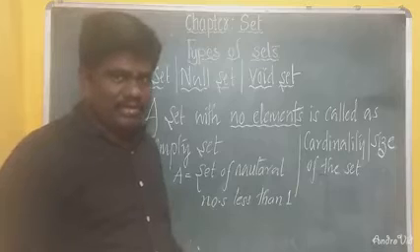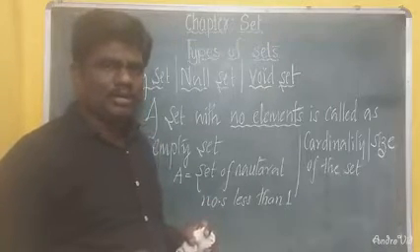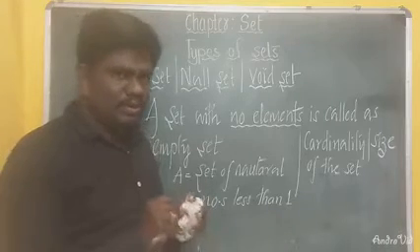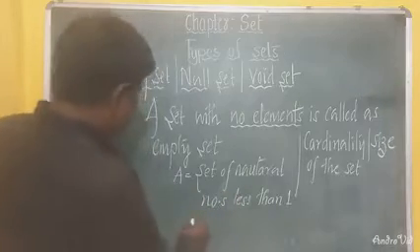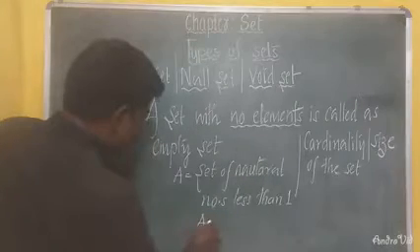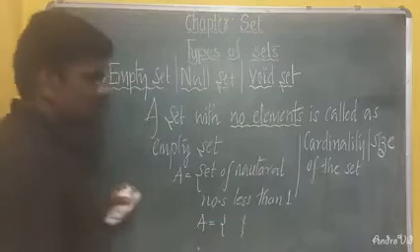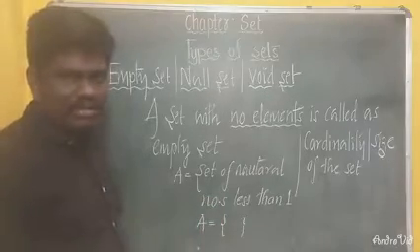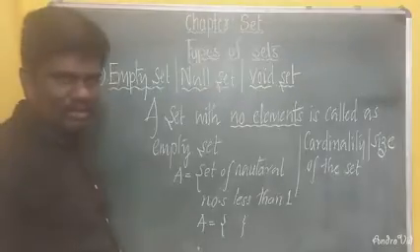So we know that there is no natural number less than 1. Why? Because the natural numbers start from 1. So there is no natural number which is less than 1. So that means the roster form of this set is just an empty set. We cannot write any elements inside the braces because there is no natural number less than 1.